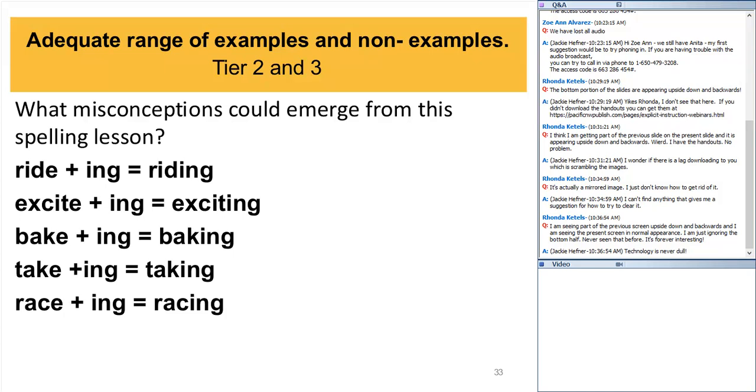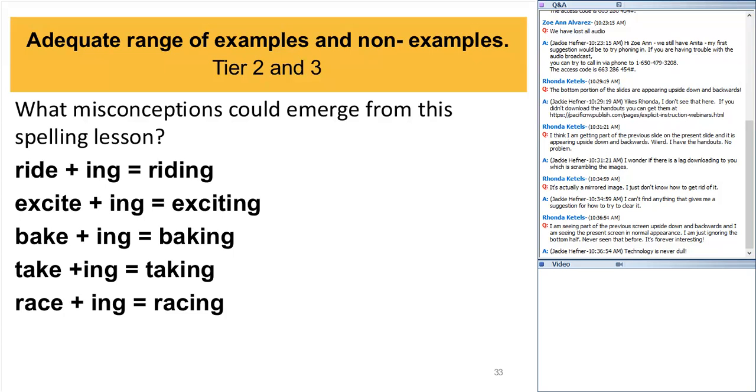And so then we would see children with the word seeing, S-E-E-I-N-G, and now they're adding ing to see. Well, they're going to drop the E because they drop the E every time here. So there's two major misconceptions: the ending's always going to be ing, and when you have ing, just drop that E no matter what.